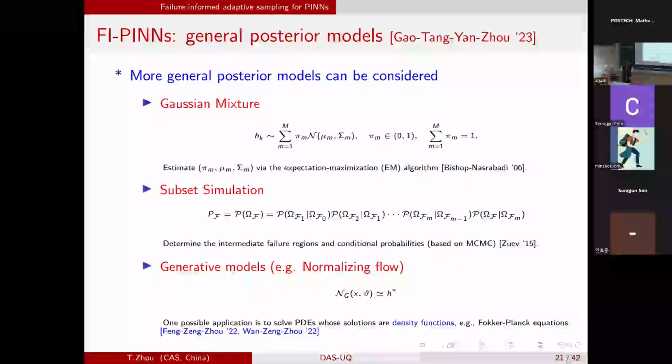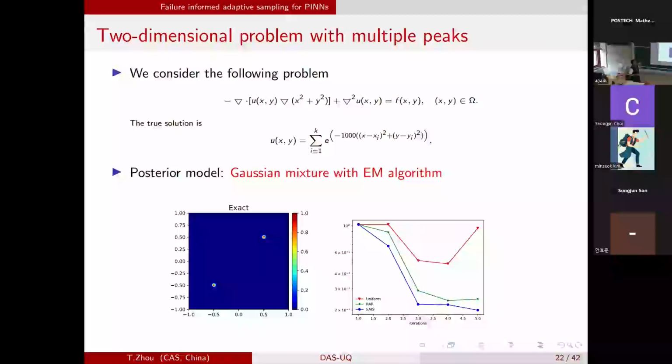Because the solution is the density, you can just model the solution with a generative model. And then you will not need to compute another model. This is a very special case. In general PDE, it's not acceptable to use a neural network to learn the density. But for Fokker-Planck type equations, this is a good idea. I will show you by numerical examples.